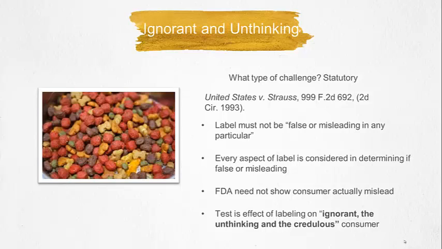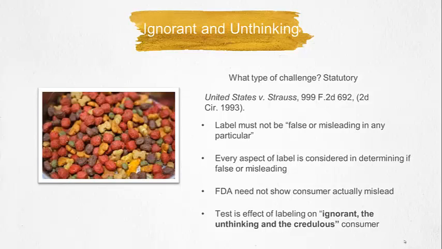We don't use that. We go down to the base sum, and we assume that the consumer reading this label is ignorant, unthinking, and credulous. You can see the culture of the early 1900s, the early 1920s, producing this type of standard, but the fact that it remains is just amazing.